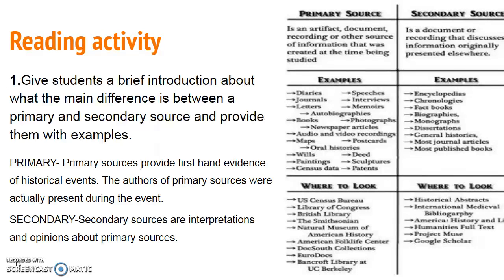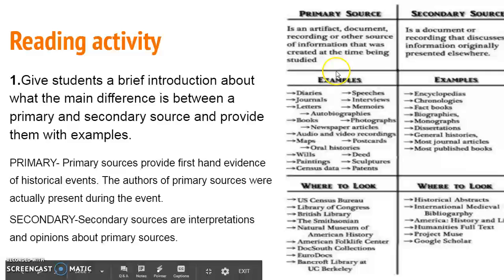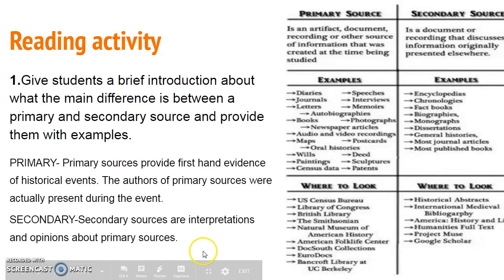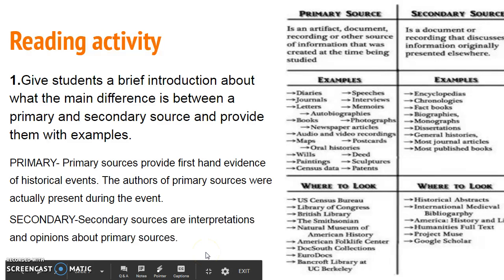The authors of primary sources were actually present during the event. As for secondary sources, they are interpretations and opinions about primary sources. And I will go over these examples with them and provide them as a reference sheet.